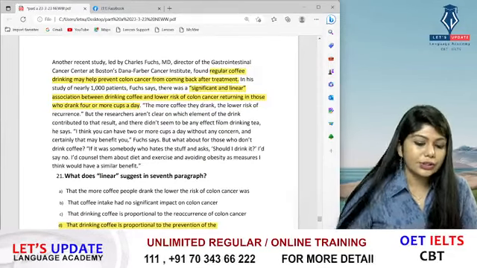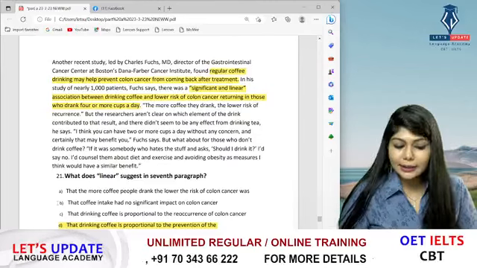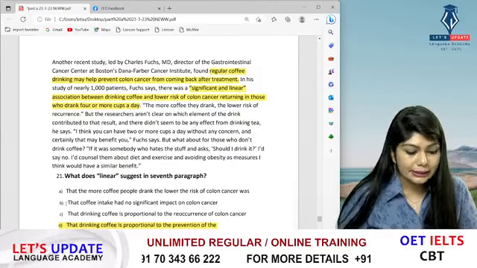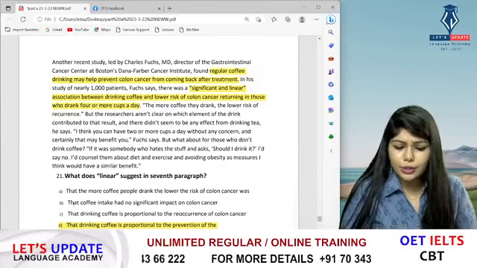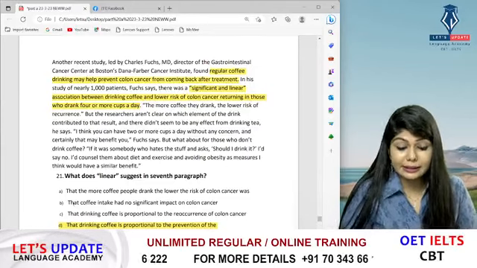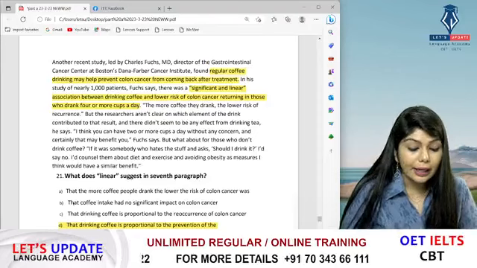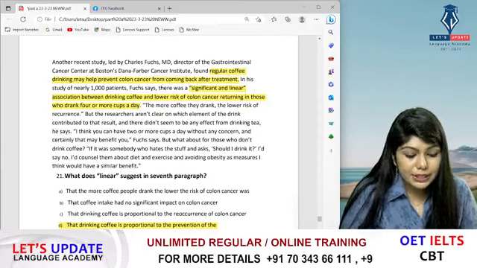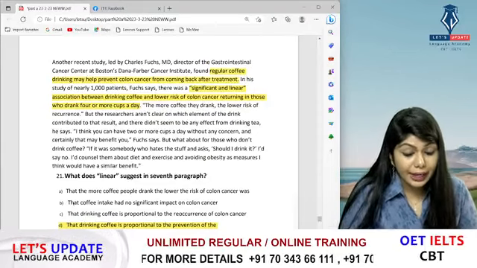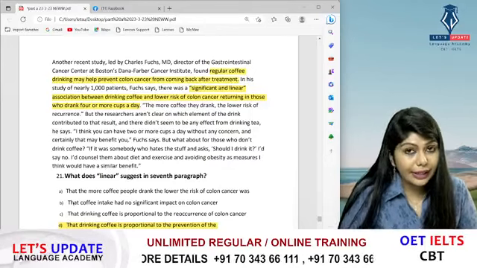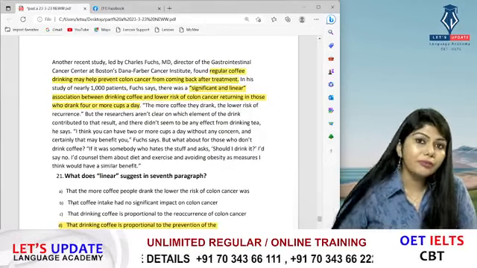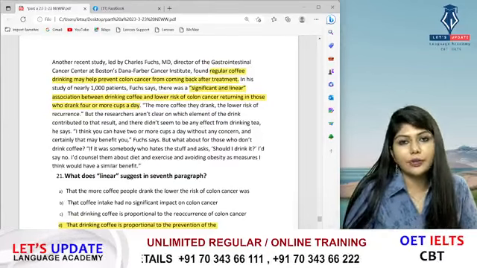So it's not just the risk of colon cancer that they're talking about. So option A is eliminated, and B, that coffee intake had no significant impact on colon cancer. No, they are saying that definitely it has an impact. And option C, that drinking coffee is proportional to the recurrence of colon cancer. No, it's not proportional to the recurrence, but it's proportional to the prevention of a recurrence of colon cancer.